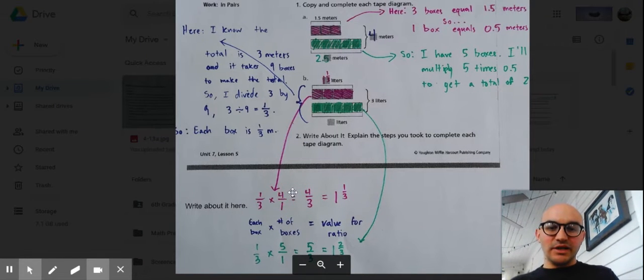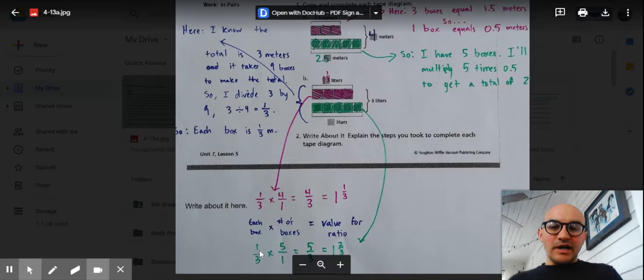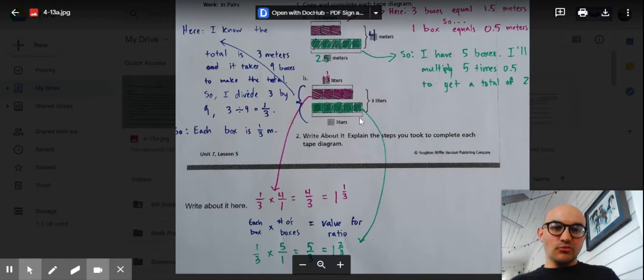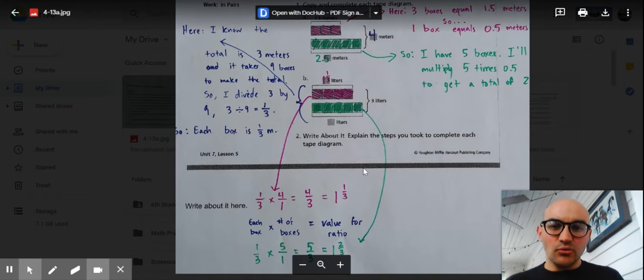You can see my math right there. 1/3 times 4 equals 4/3, or simplified, 1 1/3 liters. Then 1/3 times 5, for my green, equals 5/3, or 1 2/3. So my total is 3 liters. If I add 1 1/3 and 1 2/3, I get exactly 3. Those all work out.